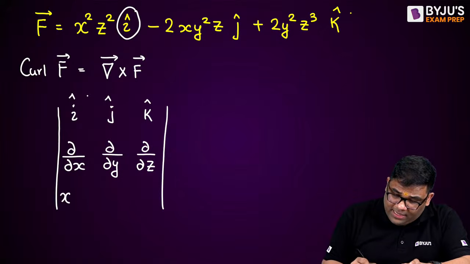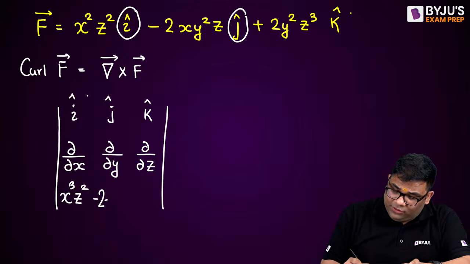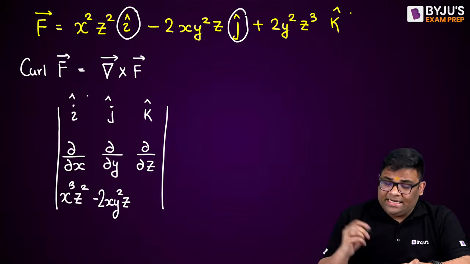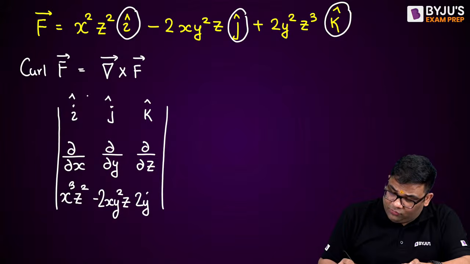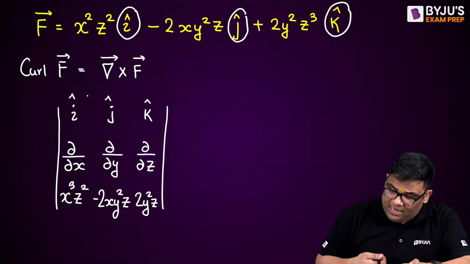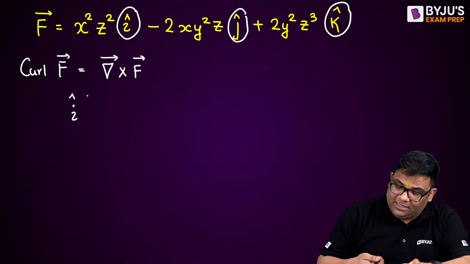It is x square z square. What is the y component? Y component is minus 2xy square z. What is the z component? The z component is 2y square z cube. I'll just give some more space here, otherwise it looks very clumsy.